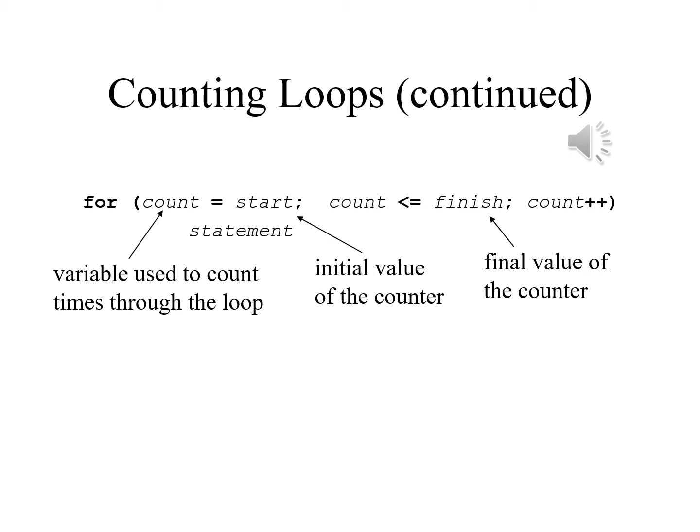This condition must be true for us to enter or re-enter the loop. In some cases, rather than writing count <= finish, we may write count < finish. But that's something we may look at a little later. And lastly, count++. This is how the value goes up from its initial value, going from 1 to 2 to 3 and so on until we're out of the loop.